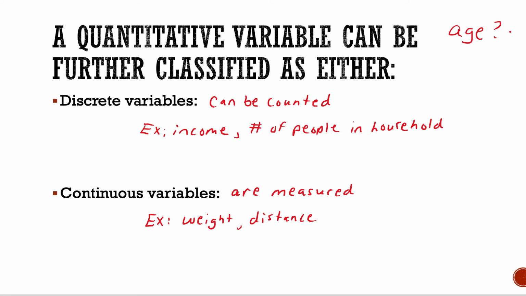And so occasionally we get a variable like age where it's not easy to determine whether it's discrete or continuous. So I'm going to give you one other idea that you can use instead of counted versus measured to help you on a variable that maybe is not as clear as some of the other ones.